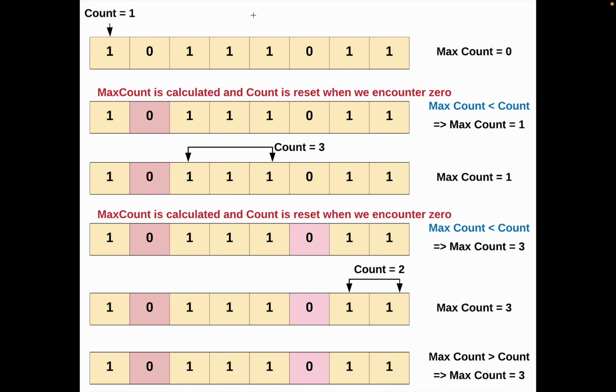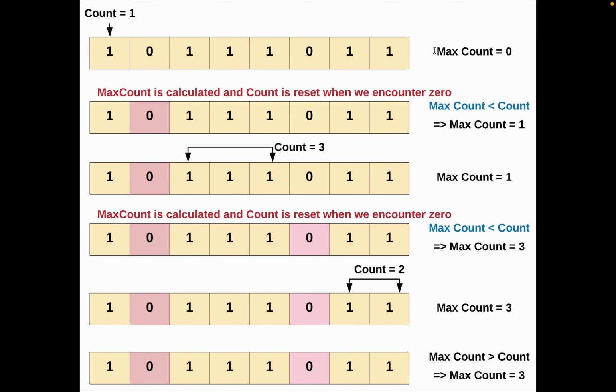Afterwards, we reset the count of 1 to 0 because we don't need the smaller one. We only take the bigger one to find the maximum contiguous ones. So after all, we find the maximum contiguous ones. In the end, we can return it. So we're done. Let's look at this diagram.